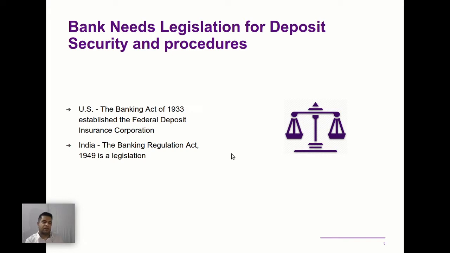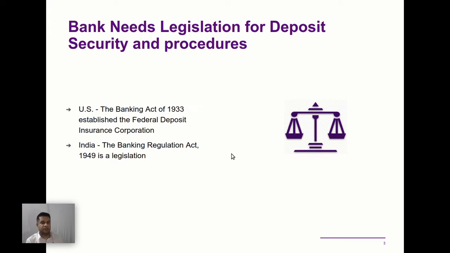Now, expanding our discussion around banking, one thing that we need to understand is that banks need a lot of legislation, and that legislation is primarily there to ensure the safety of our deposits. There are instances of numerous legislations in different countries.